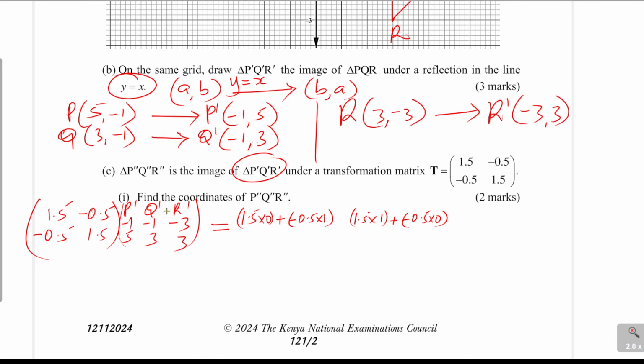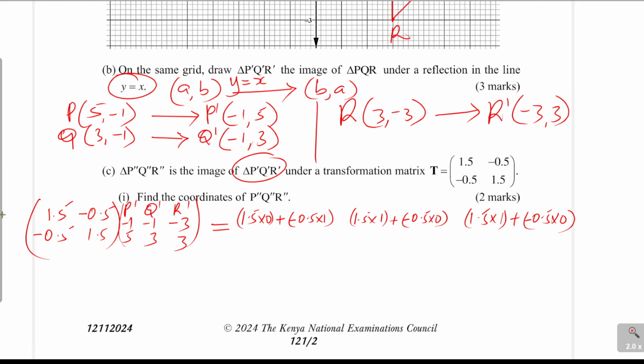Then the first row, the third column. So that one will give us 1.5 times 1, then plus negative 0.5 times 0, like that. We are through with the first row.